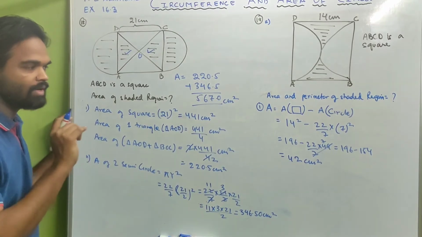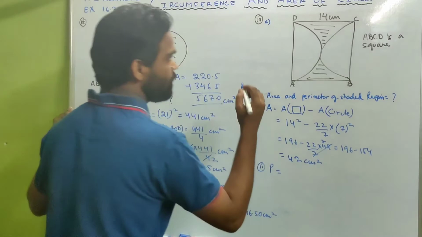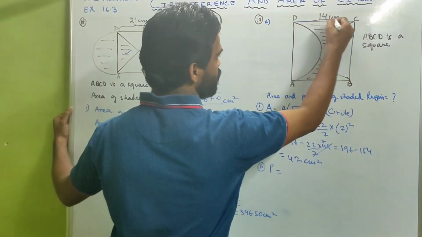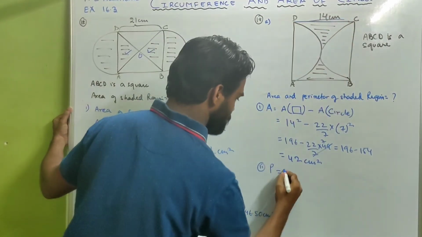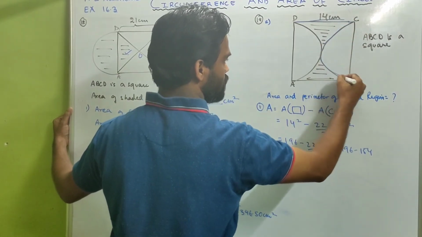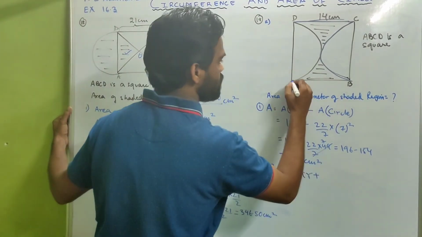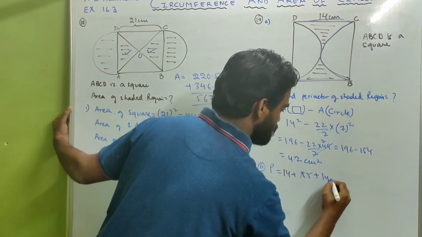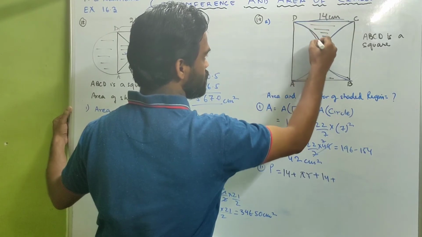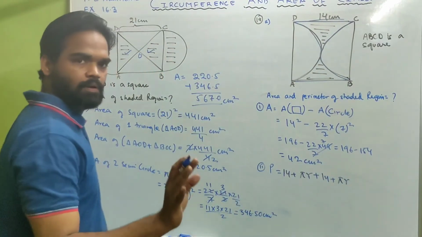Now, if you look at the perimeter, look carefully, perimeter will be 14 plus this part, which is pi r, plus this part, which is again 14, plus this part, which is again pi r. Am I clear or not?